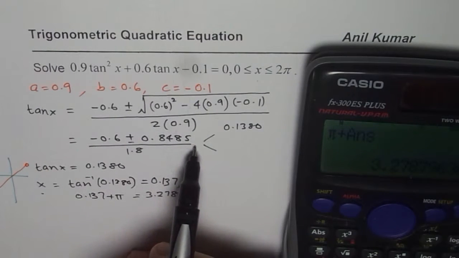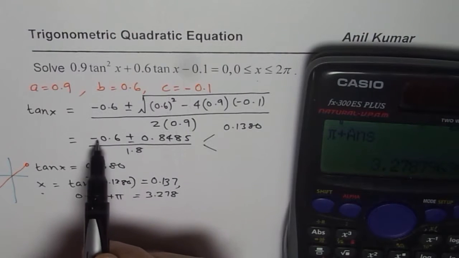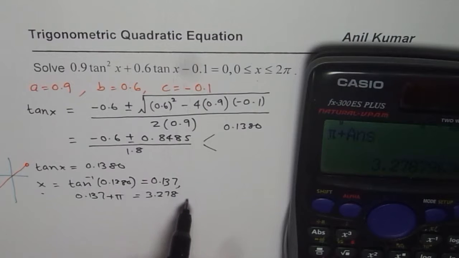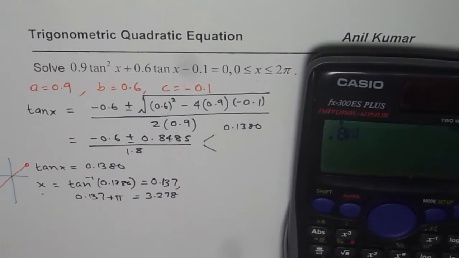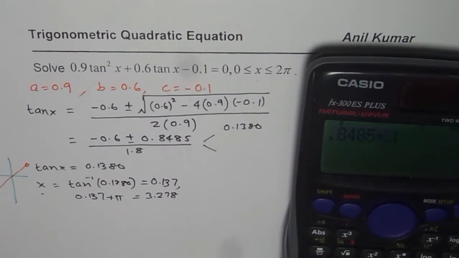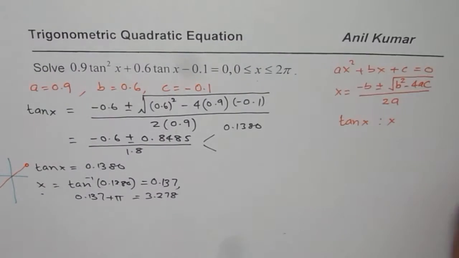Now what we are going to do is use the same value with the negative sign, correct? And then find the other two solutions, right? So let's do it again. We have 0.8485. This is with the negative sign, so I'll write negative later, plus 0.6. Both are negative, so I'm writing this in decimal as minus 1.4485.